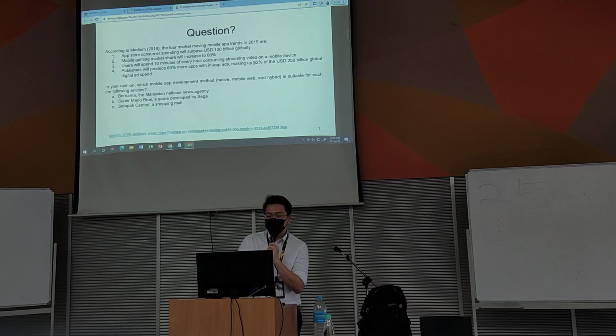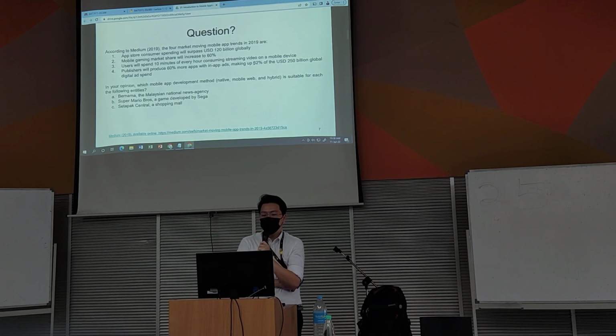Now, let's take a look at some of the questions that we have here. According to Medium 2019, the four market-moving app trends in 2019 are: one, App Store consumer spending surpassed 120 million; mobile gaming net market increased 60%; users will spend 10 minutes of every hour consuming streaming videos on mobile devices; publishers will produce 60% more apps with in-app ads, making up 62% of the USD 250 billion global digital ad spend.